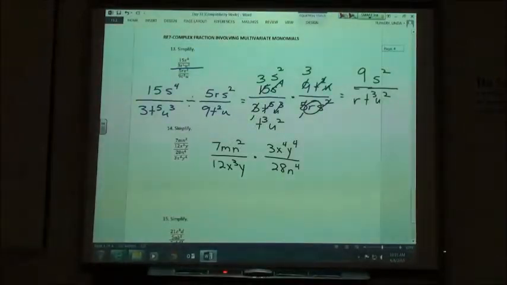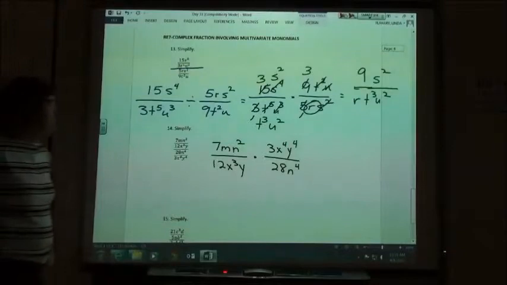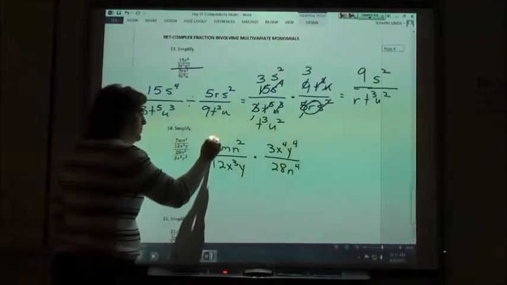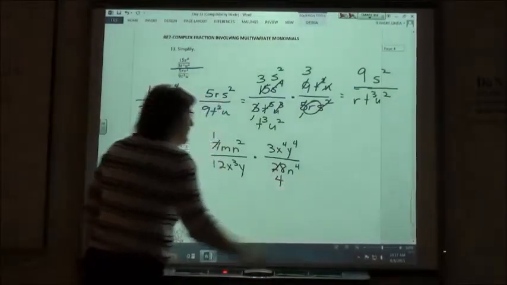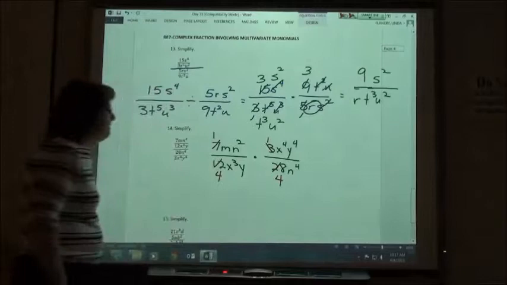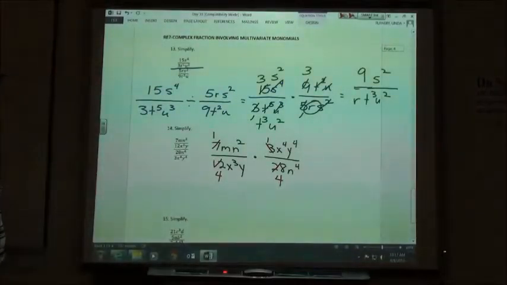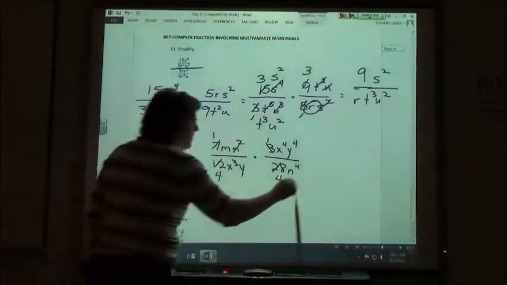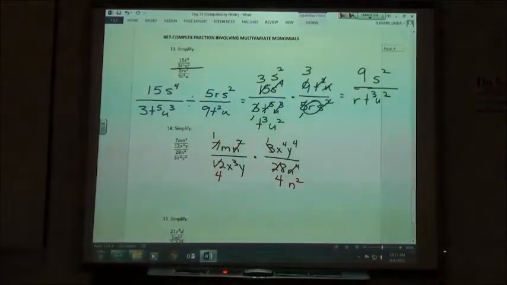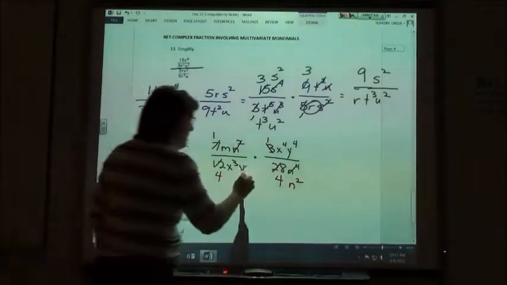So if we invert and multiply, what can we do with that one? 7 goes into 28 4 times. 3 goes into 12 4 times. And then you can cancel the n squared and then put n squared over there. Take out 1y, so that'd be y to the 3rd on top.